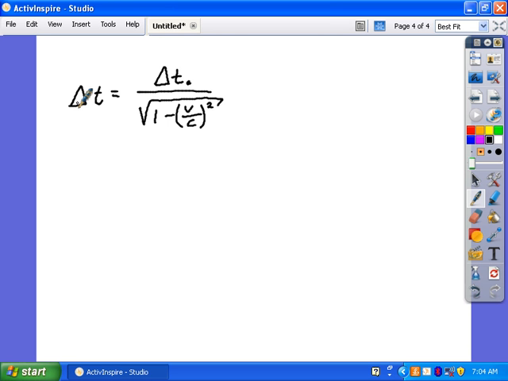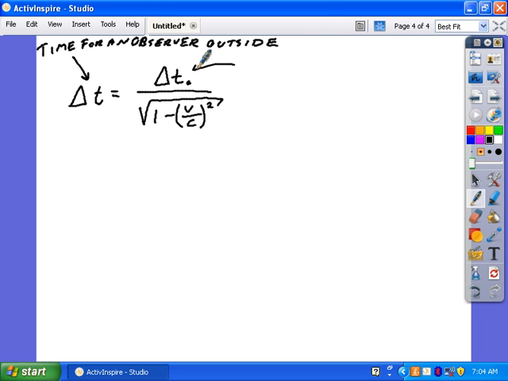Now, notice what's going on in this equation right here. This is the time for an observer outside, in other words, a person who is not moving or not involved in the action. Alright?